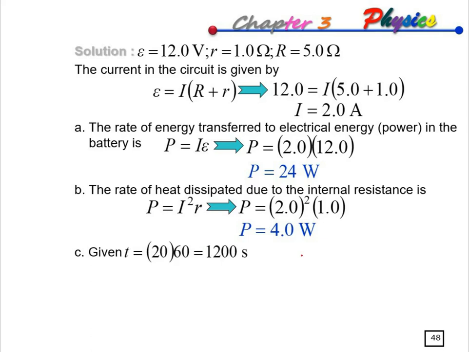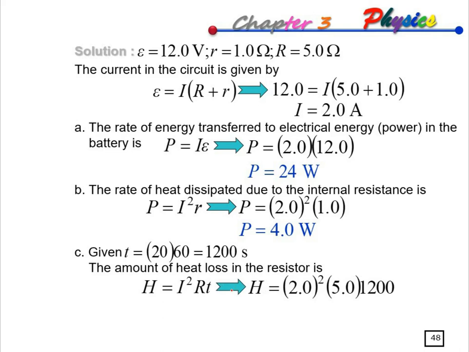For C, the time T is 20 minutes times 60, so the time taken for the current to flow in the circuit is 1200 seconds. Then the amount of heat loss in the resistor is S equals I squared times R times T. Just substitute the numbers in the equation.